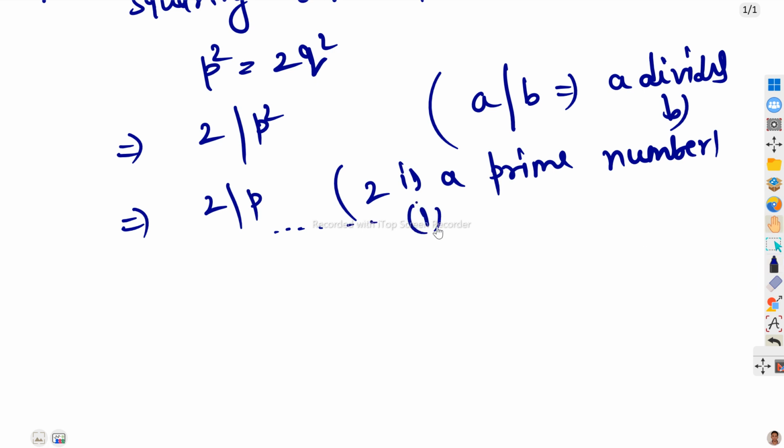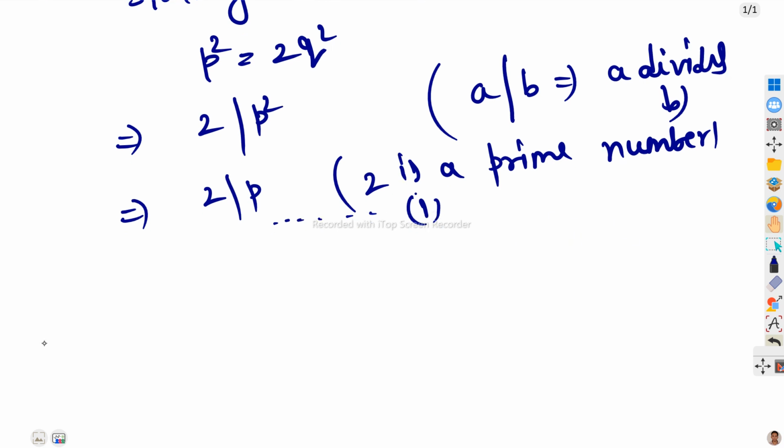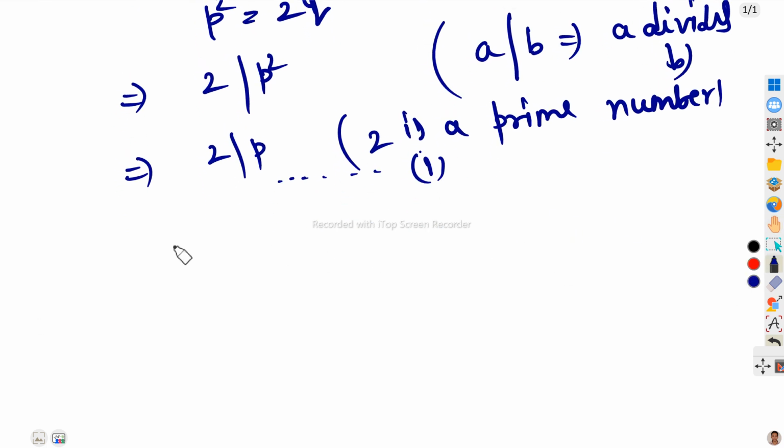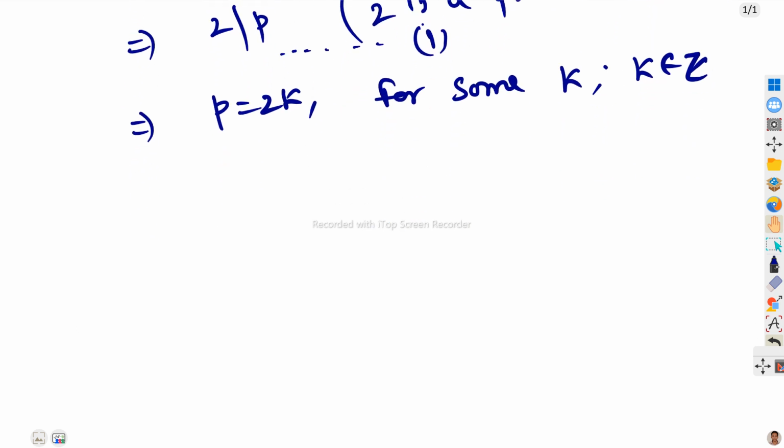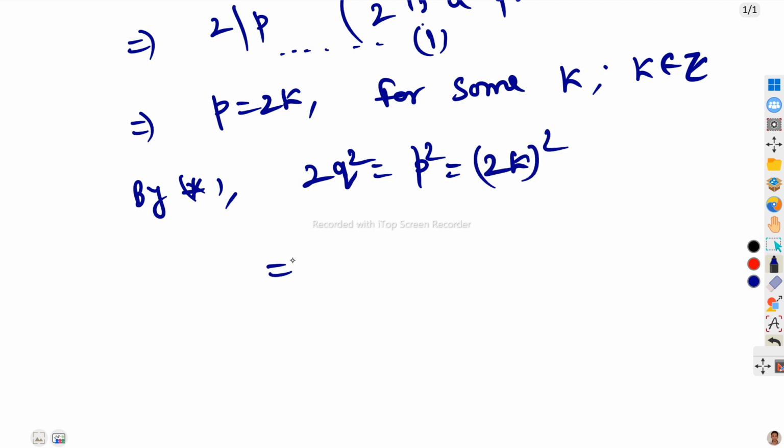By equation 1 and the division algorithm, p equals 2k for some integer k. By the starred equation, since 2q square equals p square, this becomes 2q square equals 4k square.